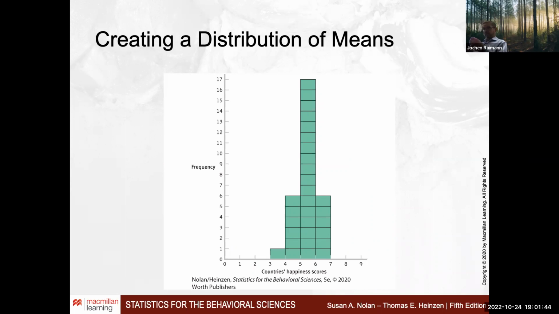You take the sample, you get a mean. You take another sample, you take another mean. You basically get a distribution of the means, which is here quite narrowly distributed with one mean that most likely should be representative of the population mean. And that's the idea. So now we have this mean.